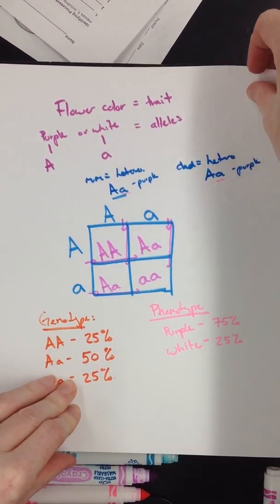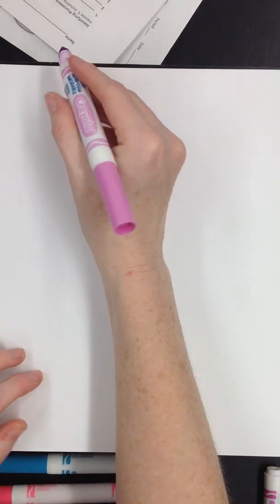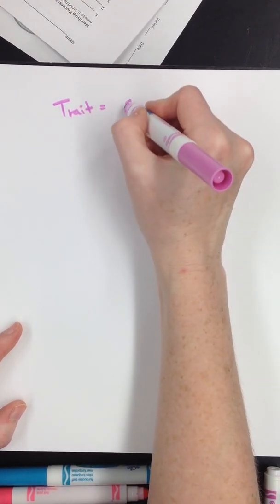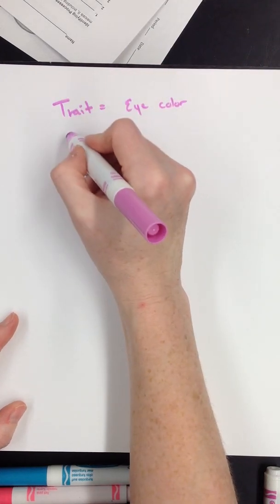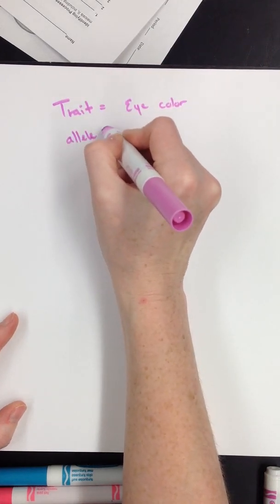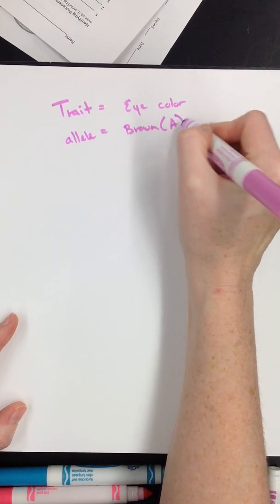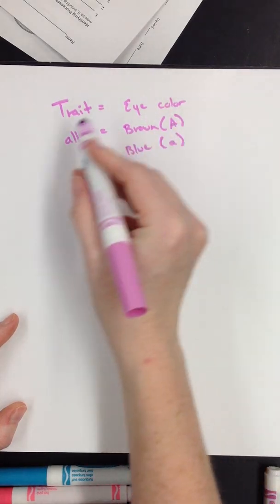All right, let's do one more. What should our trait be? How about eye color? And my alleles, how about my eye color can either be brown, we'll make that the dominant color, or we can have blue eyes, which is recessive.